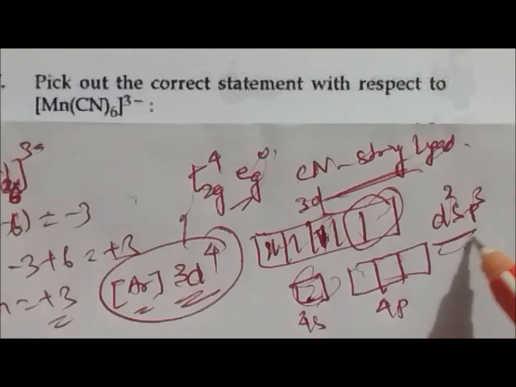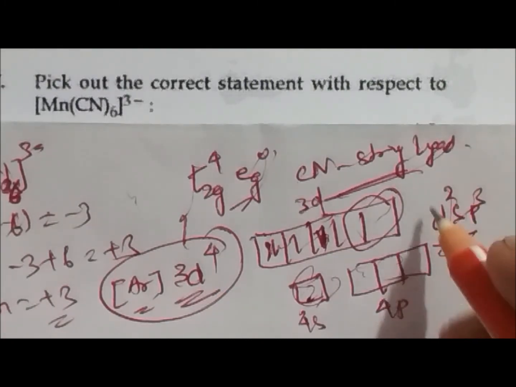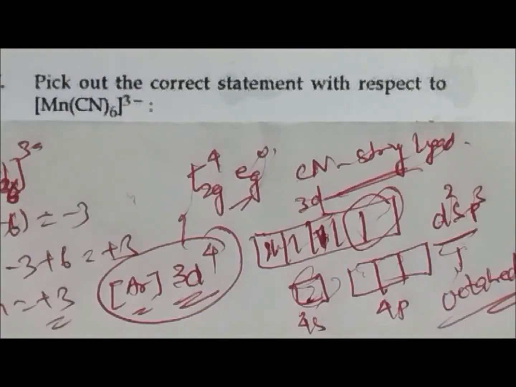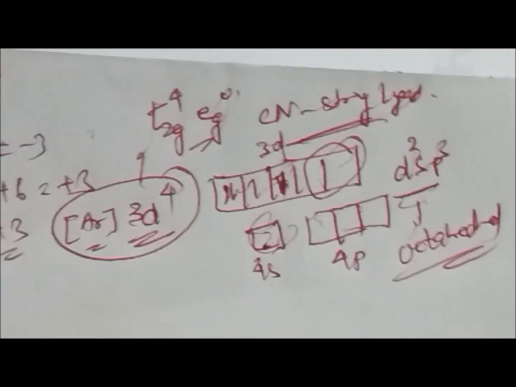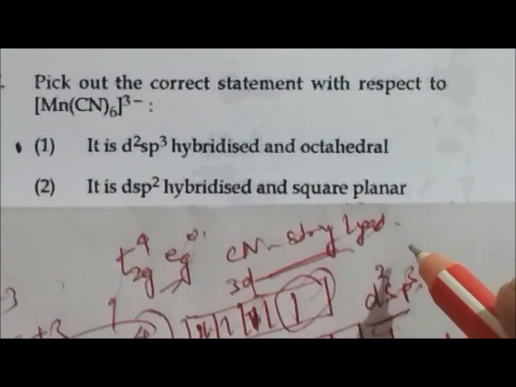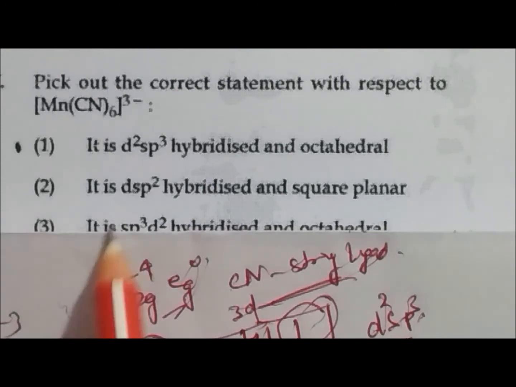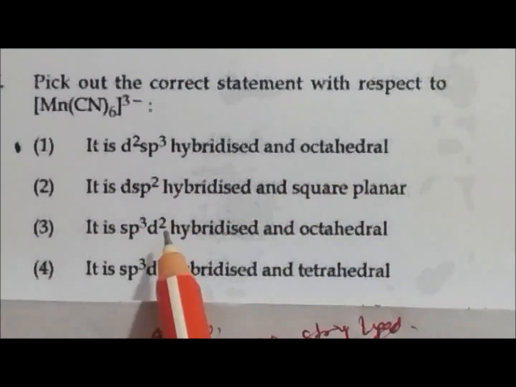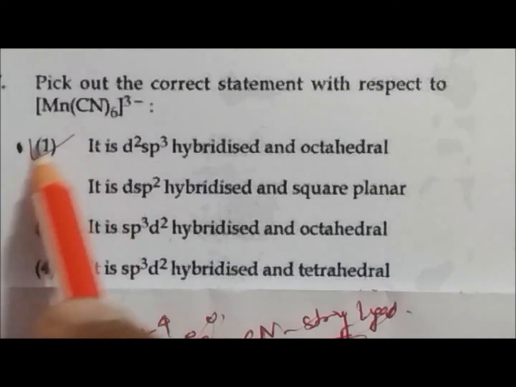This hybridisation tells us that the structure will be octahedral. So the hybridisation is d2sp3 and the structure is octahedral. Let us check the options. Only the first is correct: octahedral, d2sp3. The others are wrong, so this is the correct answer.